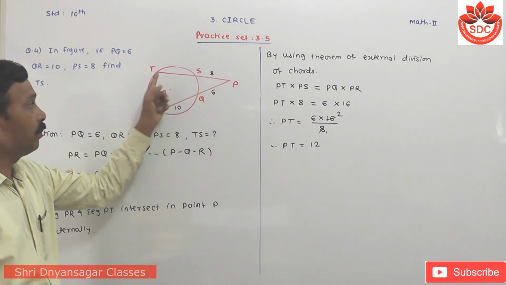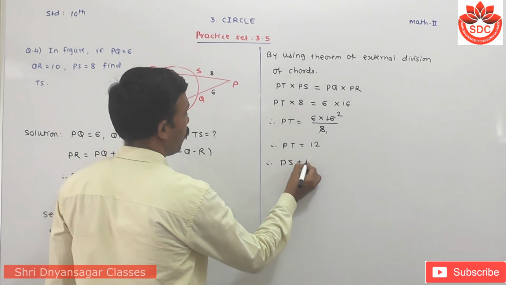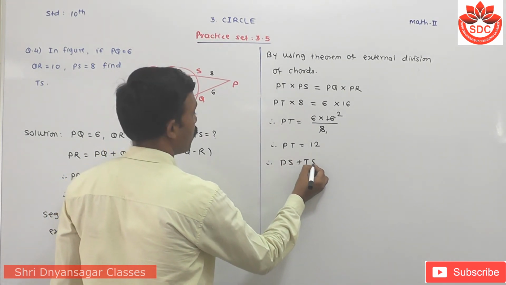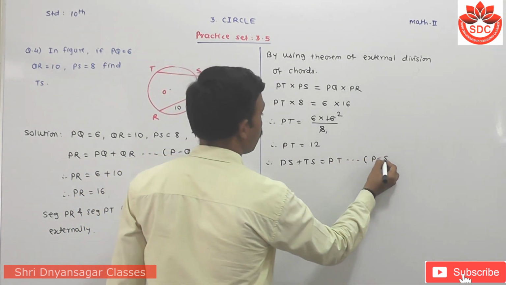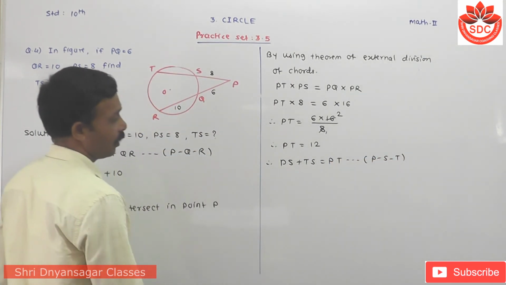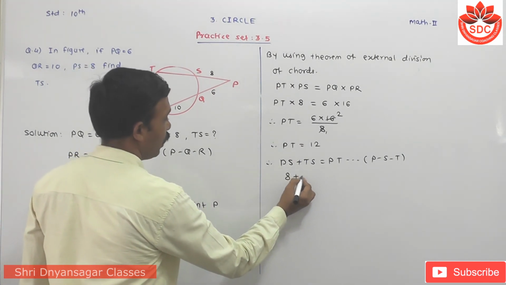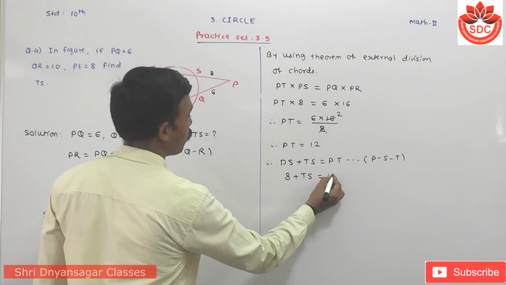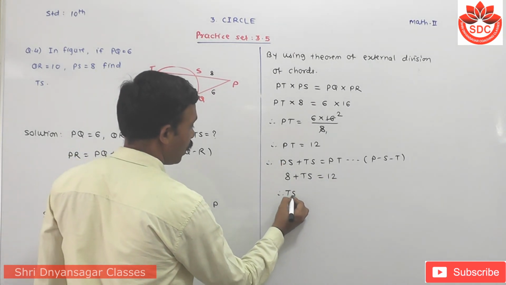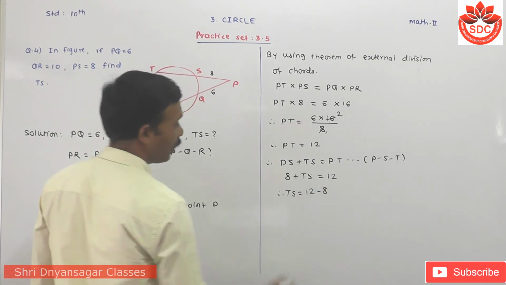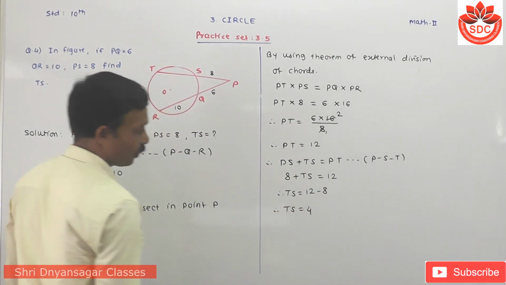When we look here, PT is equal to PS plus TS, because P-S-T. When we put this value, PS is 8, TS we find out here, is equal to 12. 8 transposes to the other side, TS is equal to 12 minus 8. Therefore TS is equal to 4.